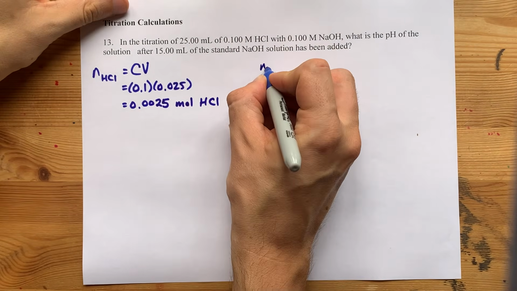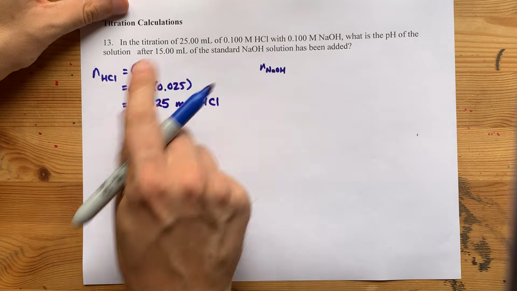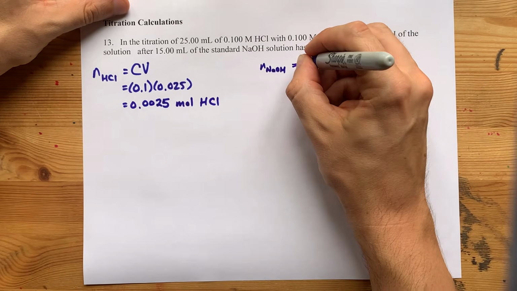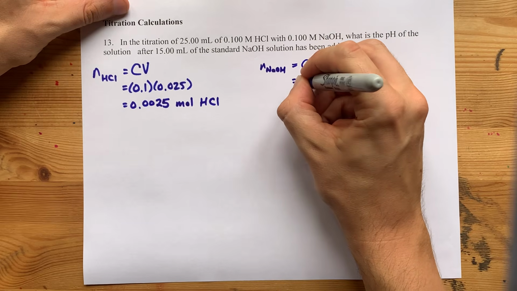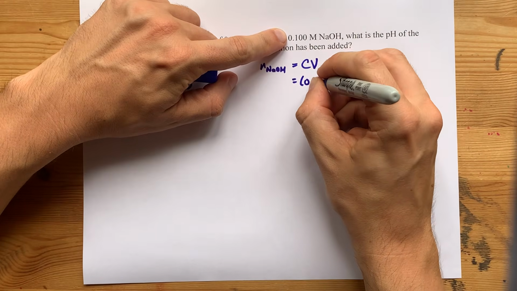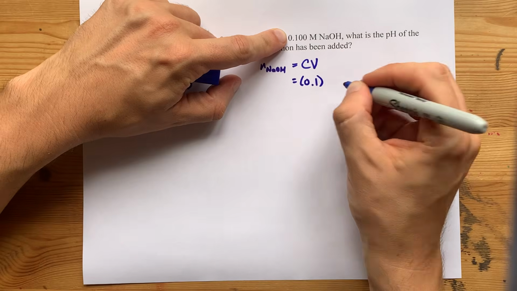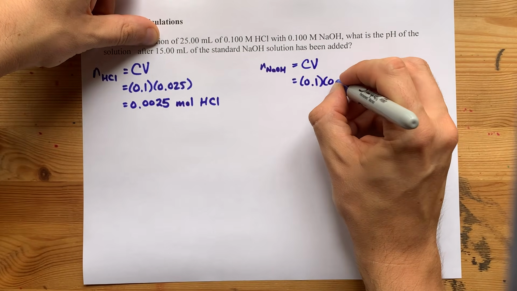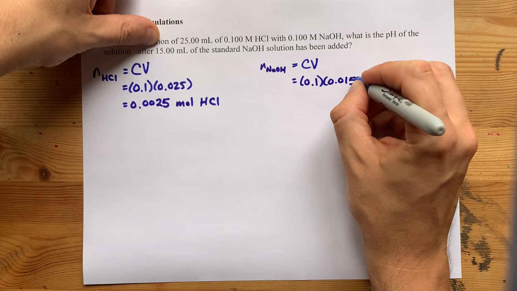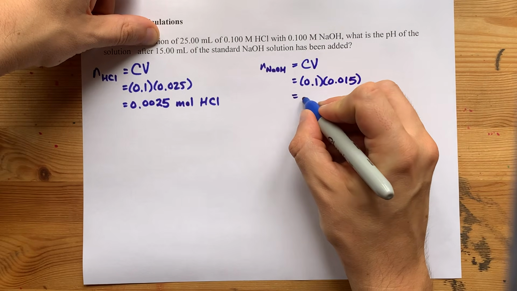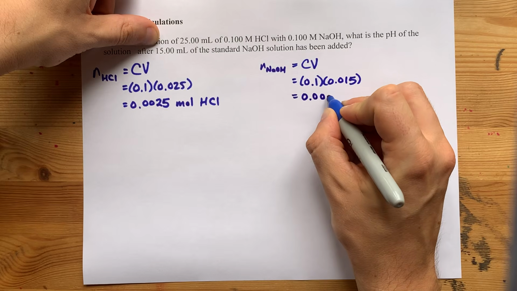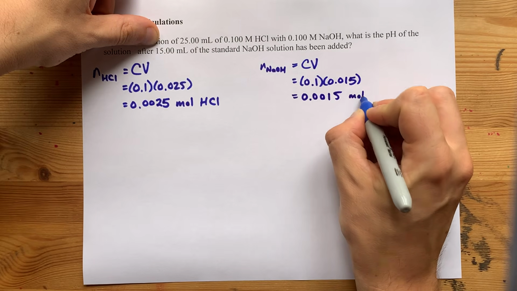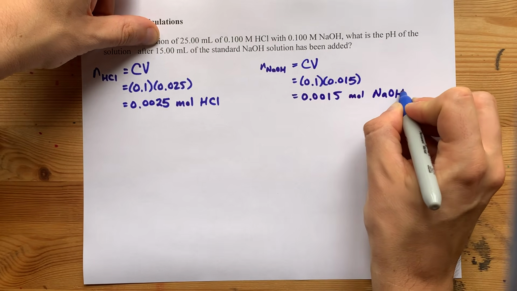How many moles of NaOH will I have added? Well, I was given the concentration of the NaOH, that's 0.1 moles per liter, and I'm given the volume of NaOH as well. That's 0.015 liters, which means I've added 0.0015 moles of NaOH.